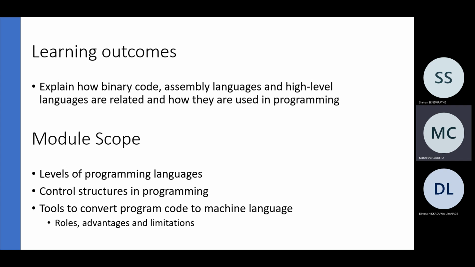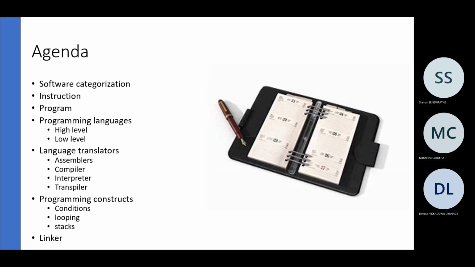Further, I'm going to discuss some constructs, especially stacks, which are the main focus for today because, as you already know, the stack pointer is one of the key components that we need to understand. To understand that concept, we are focusing on stacks. Further, some tools to convert to machine code, how linkers, assemblers, compilers, transpilers, and so on are working.